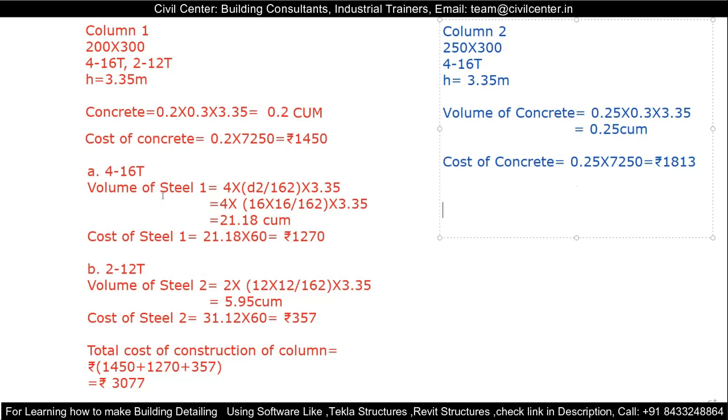Then we will go for the calculation of the steel. But we know that we are using the same steel over here and the cost has not changed. So we can write it as cost of steel will be 1270, because we have already calculated that over here. Okay, then let's calculate the total cost of column.